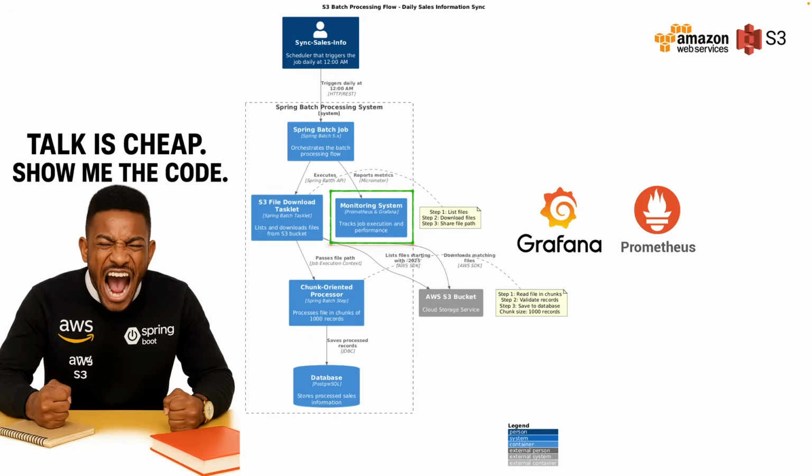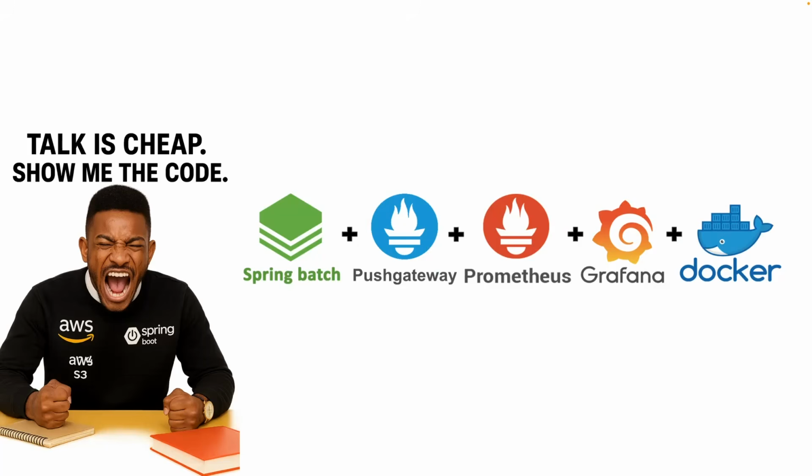So we are going to use the last video example, our last short-lived application, which is the Spring Batch application that we created in our last video. Then we are going to use the Pushgateway, Prometheus, and Grafana in order to create the dashboard to visualize the metrics.